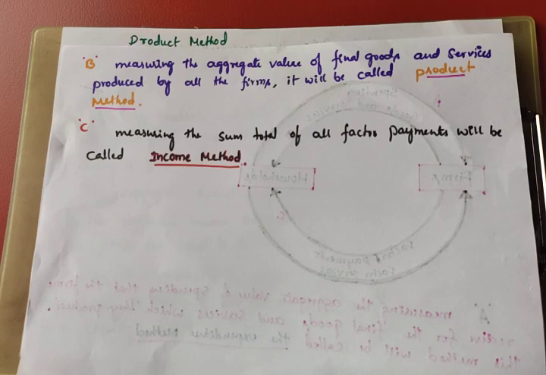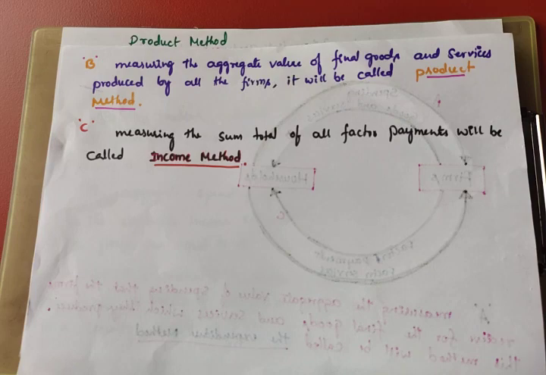And C measures the sum total of all factor payments. All factor payments means the sum total of payments for land, labor, capital, organization, the factors of production. The people are providing these services, and when they provide them, they get a reward.